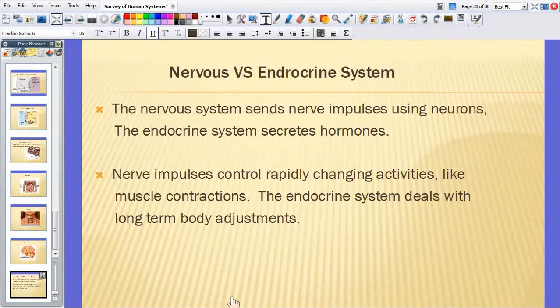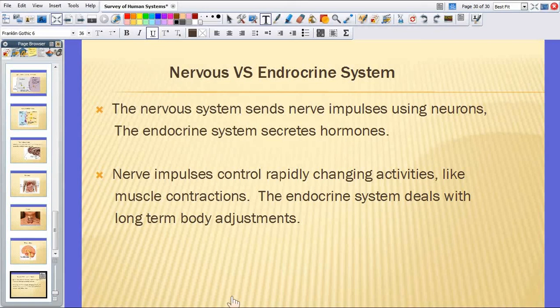One of the most important things about the endocrine system is how closely it works with the nervous system. The nervous system sends nerve impulses along the neurons to create a fast body response. The endocrine system works in a similar manner.